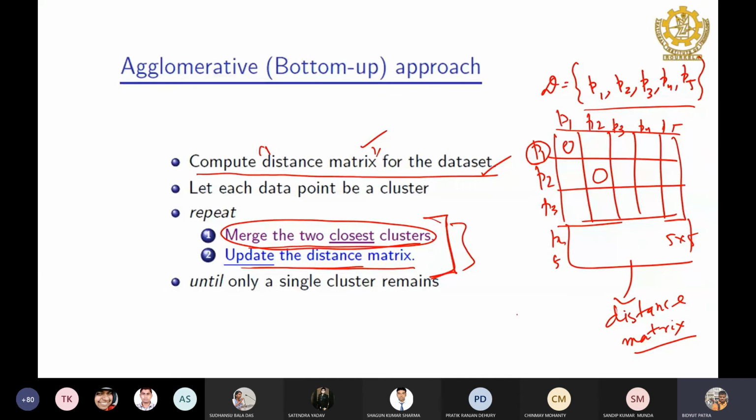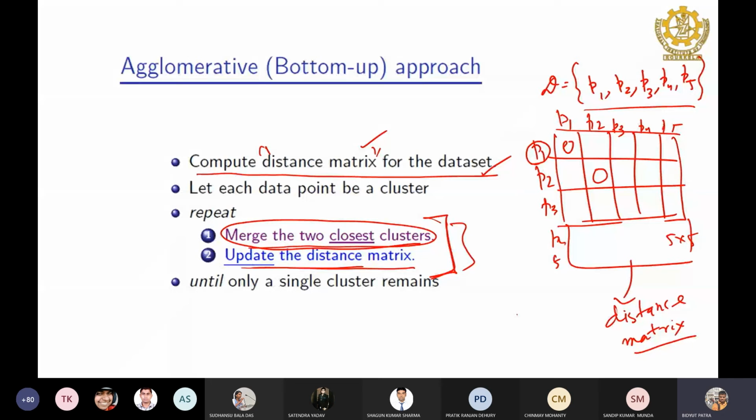How do you find the two closest clusters? You search the matrix for the least entry, and that entry is the distance between two clusters. There are some advanced methods, but this is the way we can do it. So, in summary: first, you compute the distance matrix.